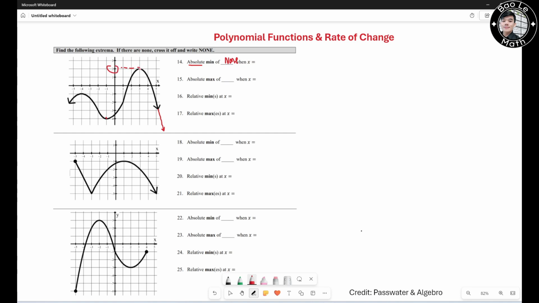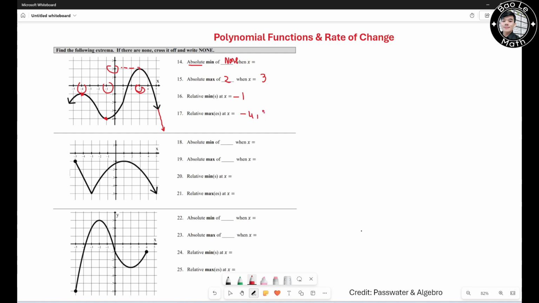The highest point right here. So this one is 2 when x equals 3. Relative minimum, this one right here is the relative minimum. We only have one relative minimum, which means at -1 right here. Relative maximum, we have this one as a relative maximum at -4 and 3 right here.